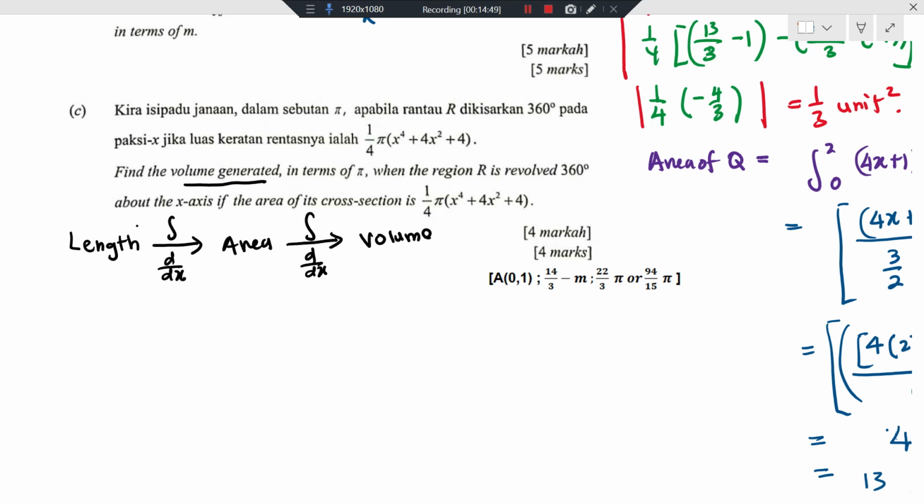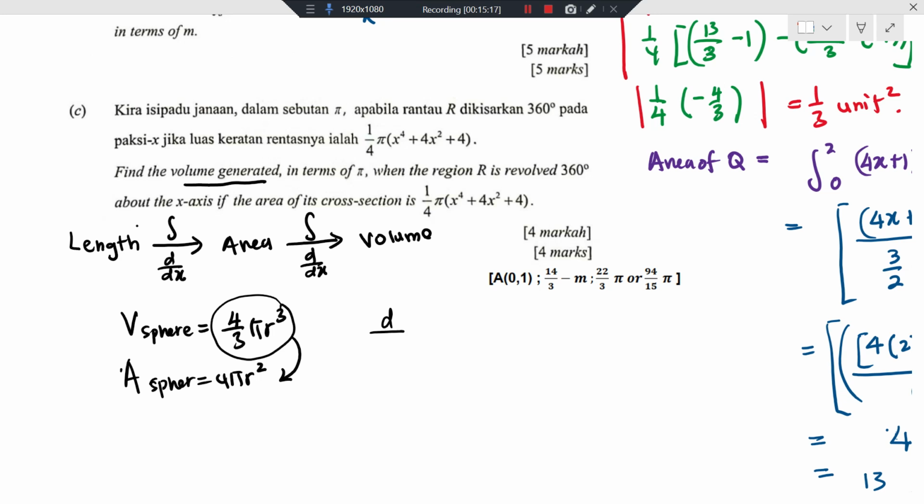Okay, I give you a real life example. We know that the volume of a sphere is equal to 4 over 3 pi r cubed, right? And the total surface area of a sphere is equal to 4 pi r squared. How do they get this? For example, from volume I go to area. What do I need to do? Differentiate, right?